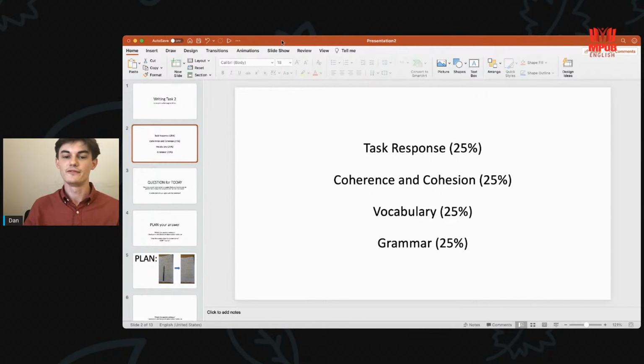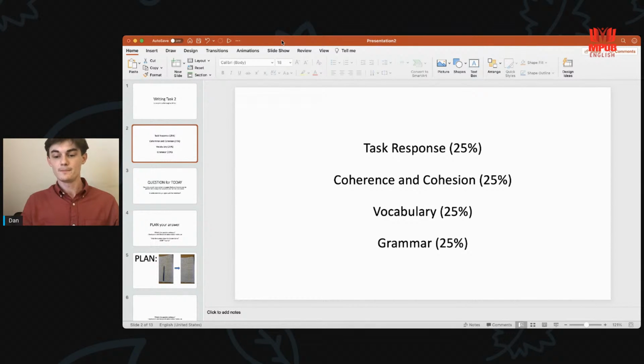And so the first one is task response. And that is basically how well you answer the question. So, are you assessing whether social media is good or bad, or are you just saying a lot of stuff that's not so relevant to the question?